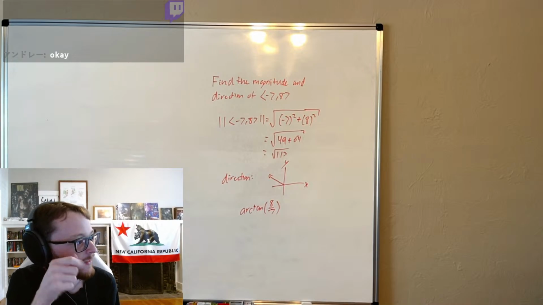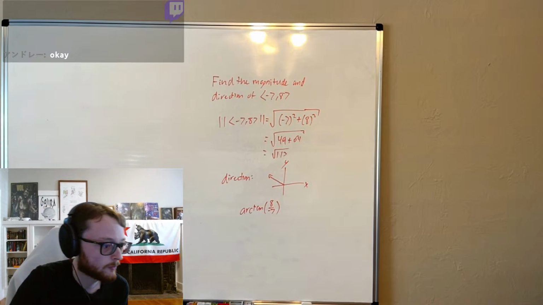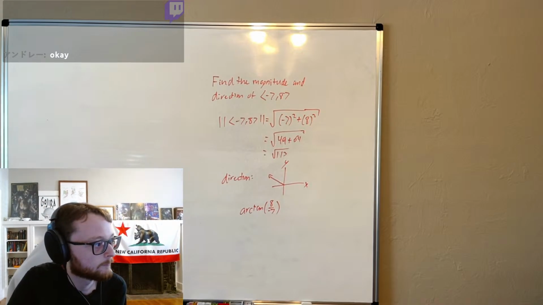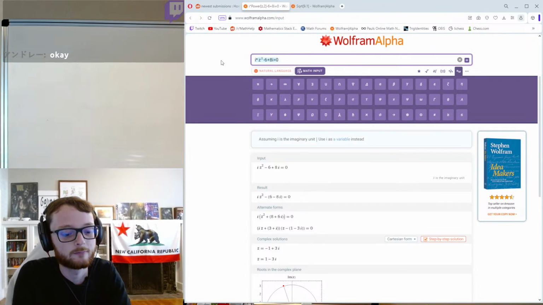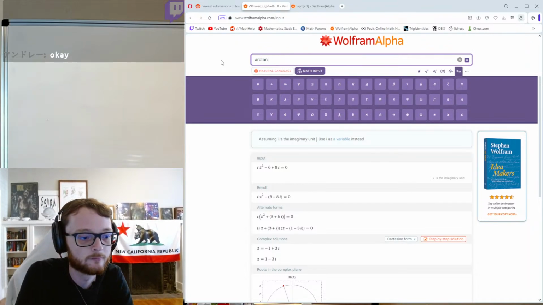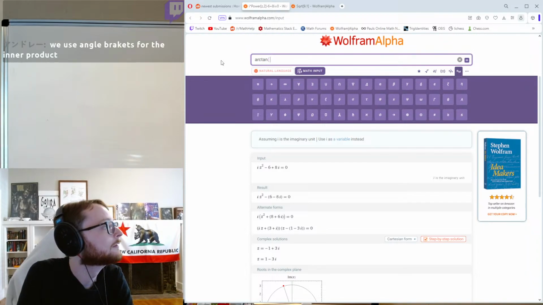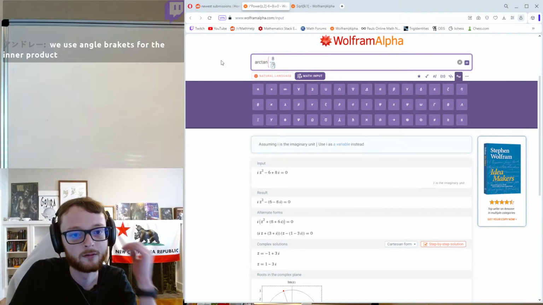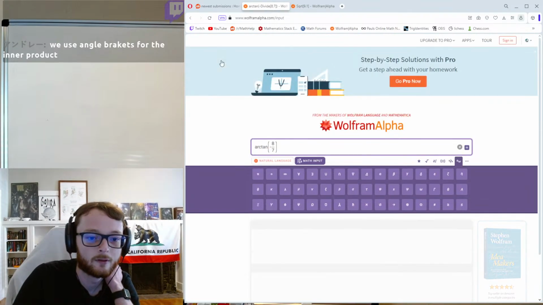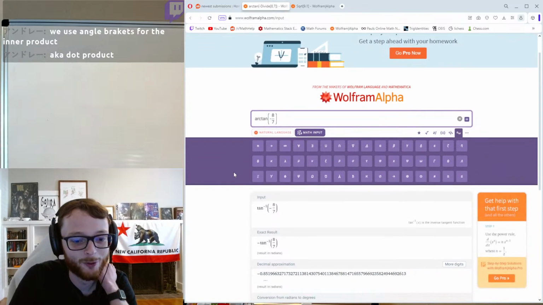I just figured the angle brackets is one of the first notations that I was introduced to, so if the person asking this question, then they might have the same thing. Congrats for inner product. Oh, really? Dot product. Okay, thank you. I recognize that more.